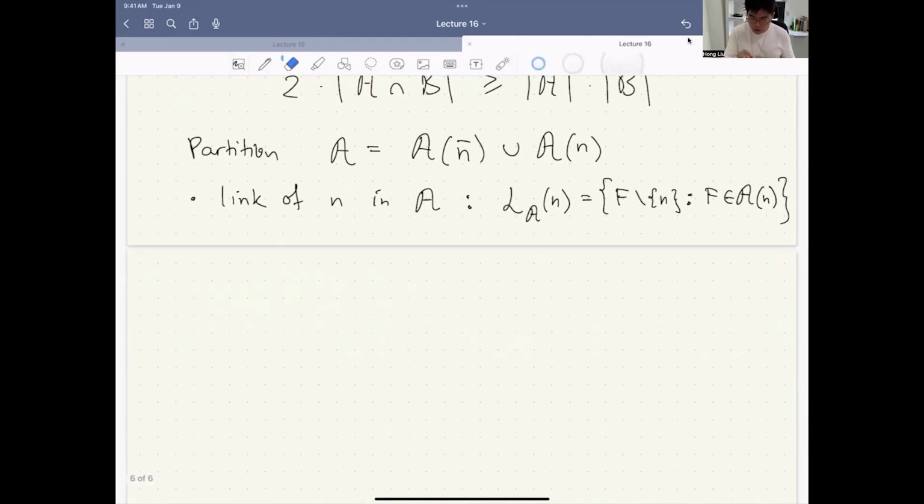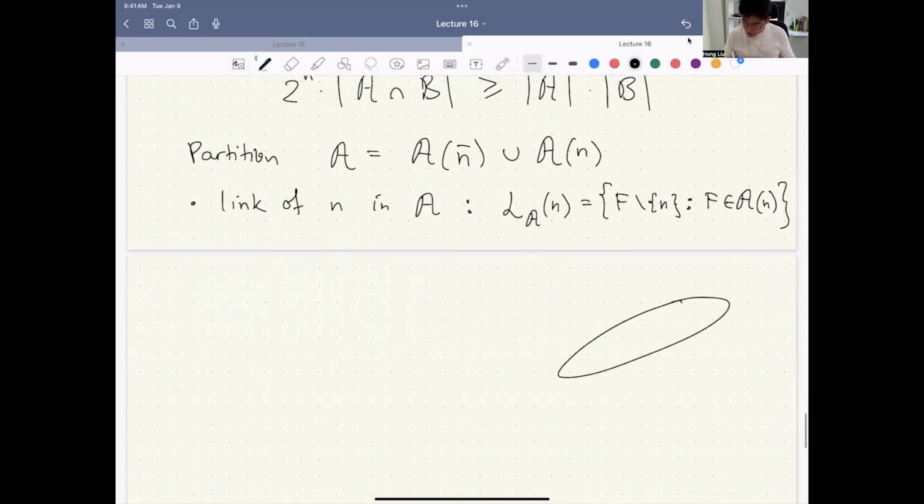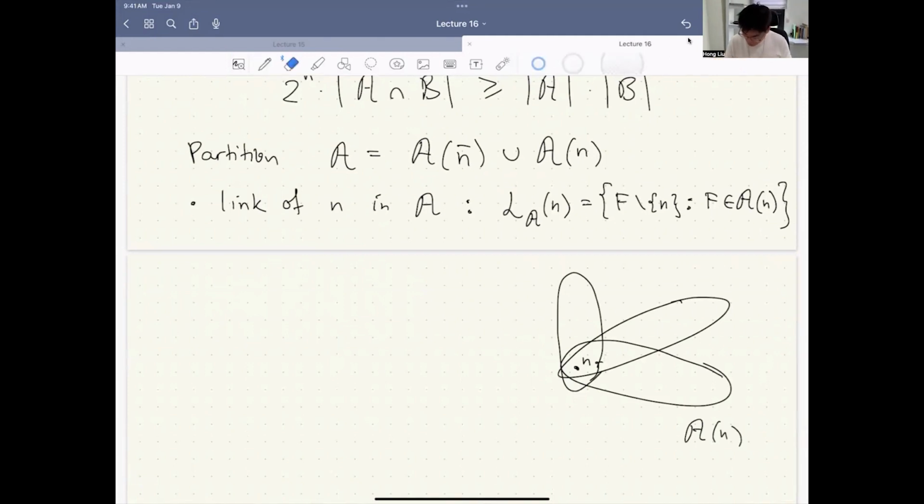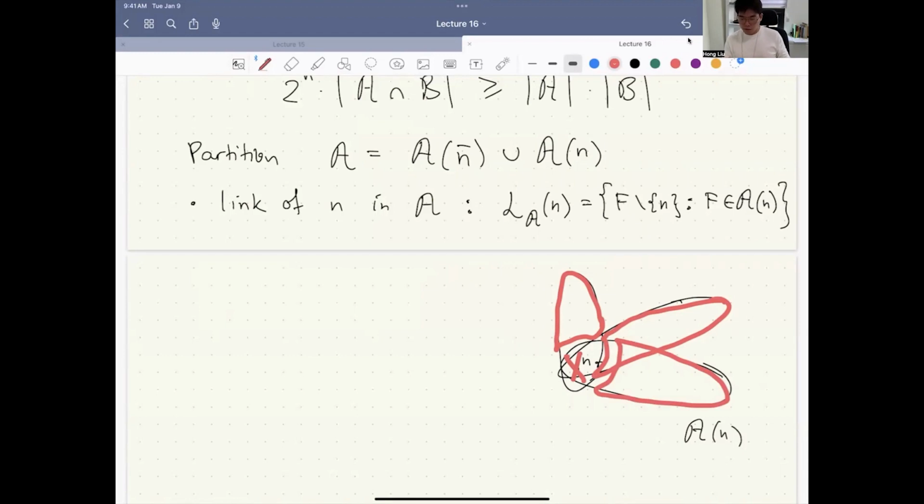Here's a picture. If this is element n, this is A_n, all the sets in A containing n. Now I basically remove this element n and just focus on these sets with n removed. Remove n from all those containing n. This is the link of n.